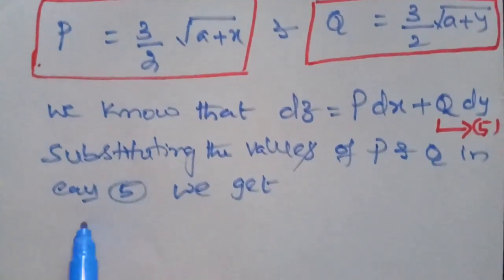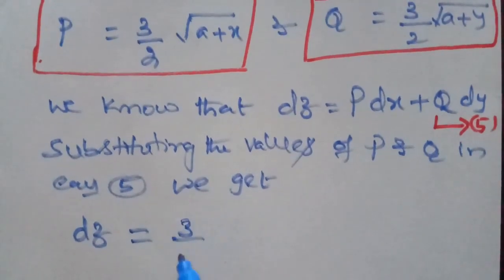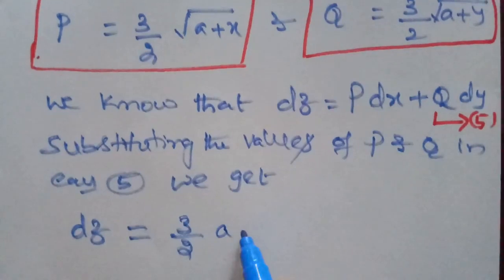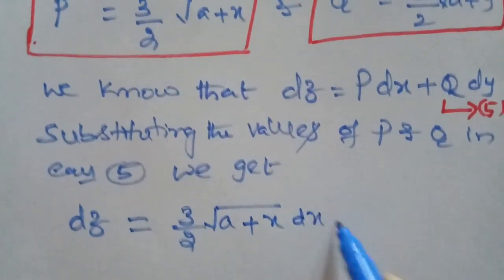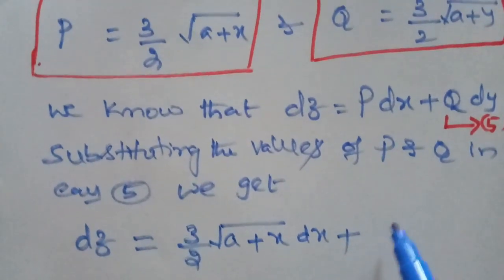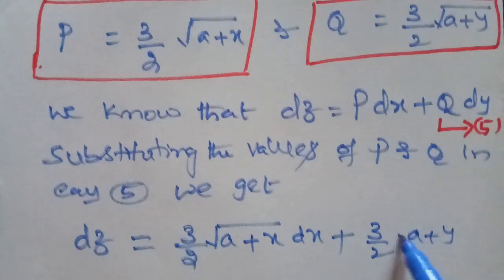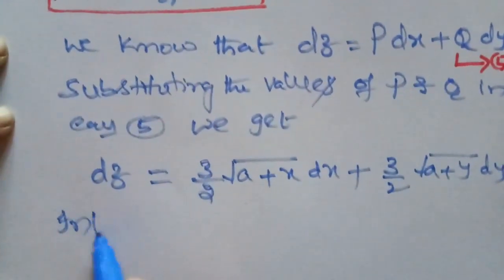Therefore, dz is equal to p value 3 by 2 into root of a plus x into dx plus q value 3 by 2 into root of a plus y into dy. Now, integrating on both sides.